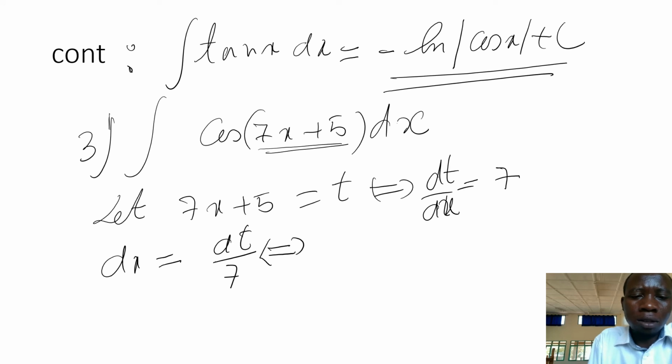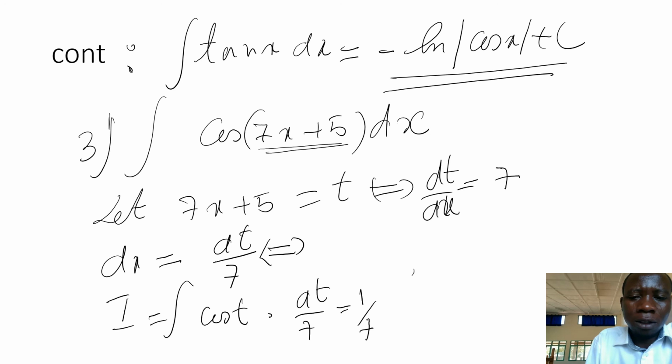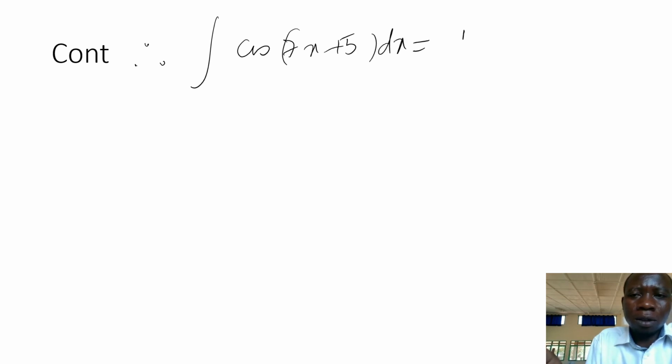Let's replace in the original integral. Our integral will become the integral of cos t, then dx is dt over 7, so 1 over 7 times the integral of cos t dt, which is equal to 1 over 7 then sin t plus c. Therefore, the integral of cos of 7x plus 5 dx is equal to 1 over 7 then sin of 7x plus 5 plus c.